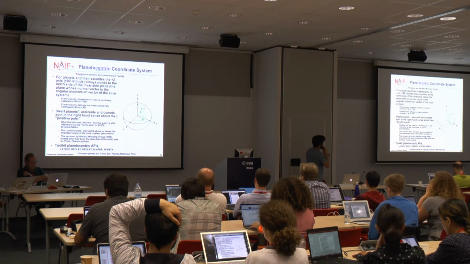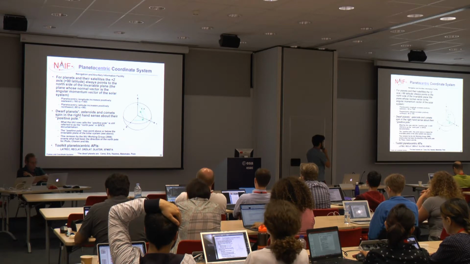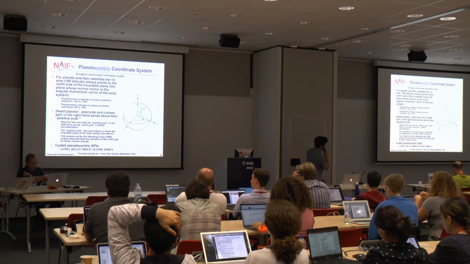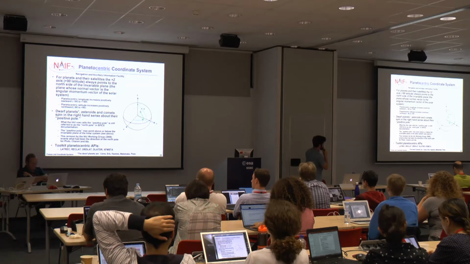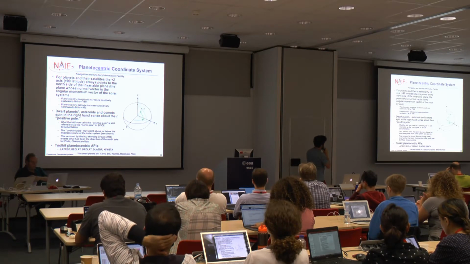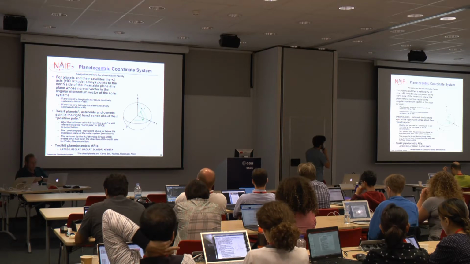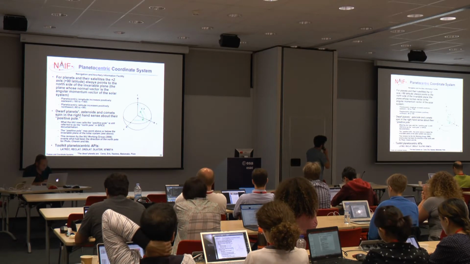Fine. Now, dwarf planets, and that includes Pluto as well, and Ceres, Eris, Haumea, and Makemake. Although remember that for what concerns the IDs, Pluto was considered a planet. So they spin in the right-hand sense about their positive pole.